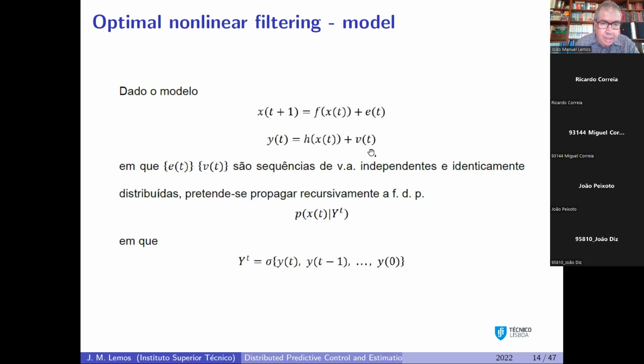Again, v is a sequence of independent and identically distributed values. The most popular and very simple case is when you generate random numbers with a given distribution with MATLAB. So that's what we mean by et and vt.